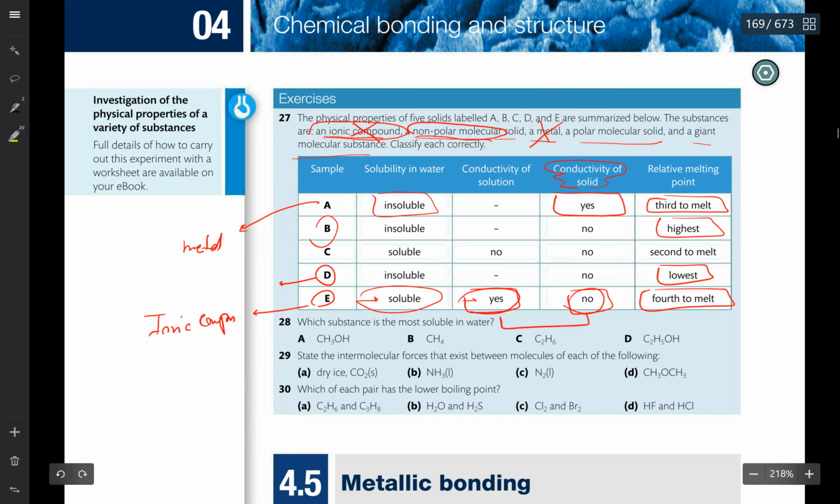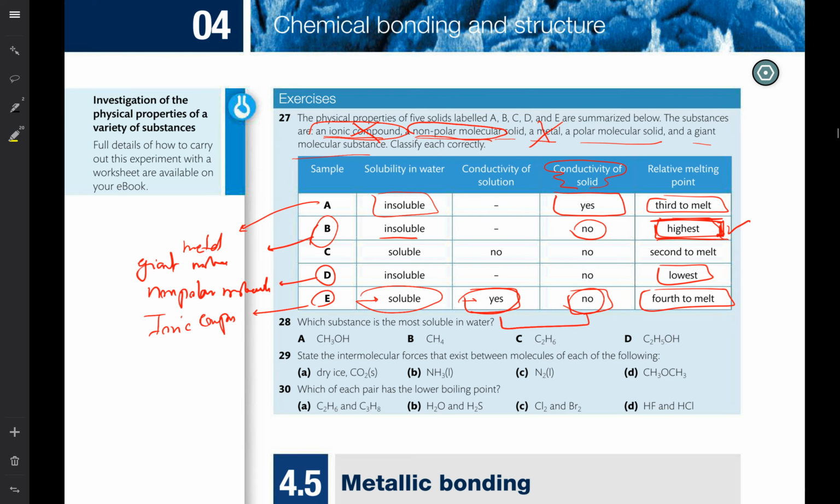So the D is nonpolar molecule. So I hope that you guess what is B. The B must be the giant molecule, because it's insoluble, it's not conductive in the solid state, and it has the highest melting point. So this highest melting point is a very good sign to identify the giant molecular structure.